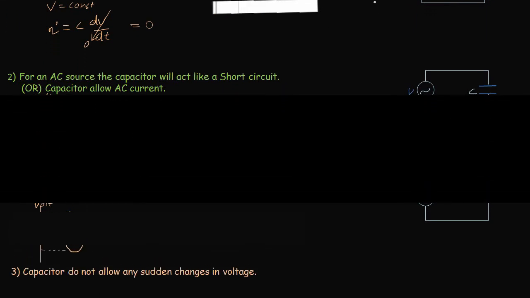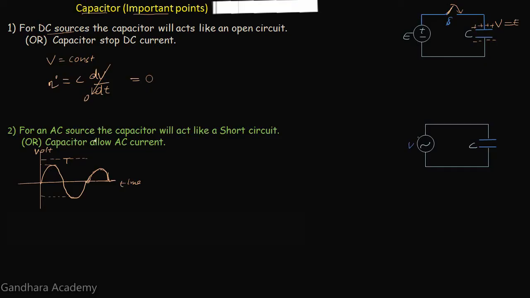Now moving towards the second point, which states that for an AC source, the capacitor will act like a short circuit, or the capacitor allows AC current. As we know, the rate of change of voltage across an AC voltage source is constant. It repeats itself after equal intervals of time.